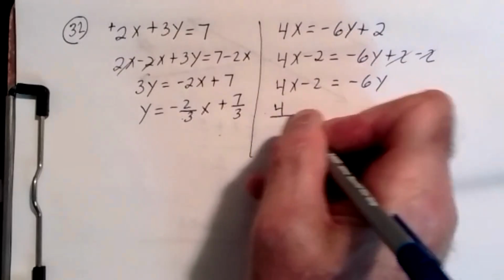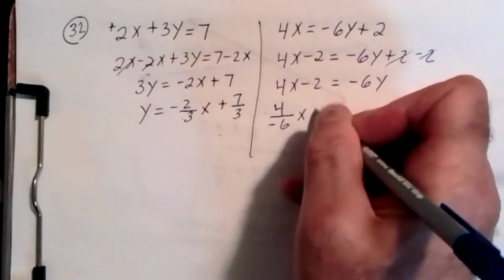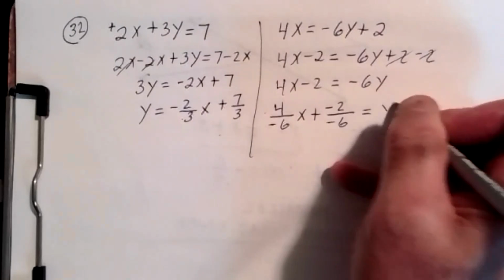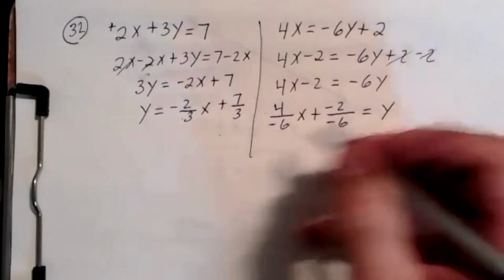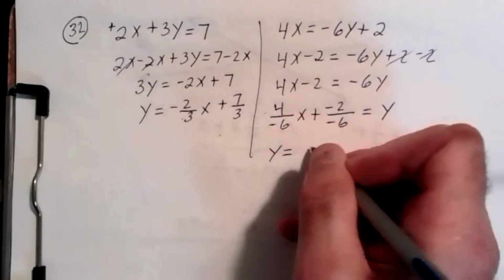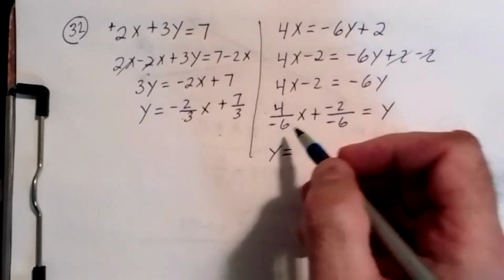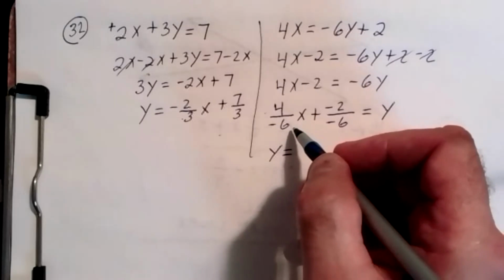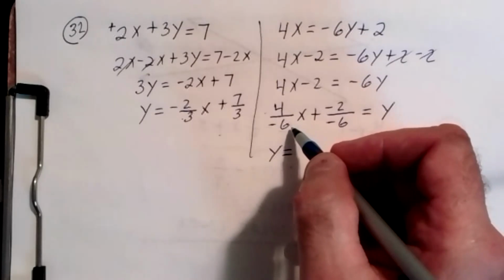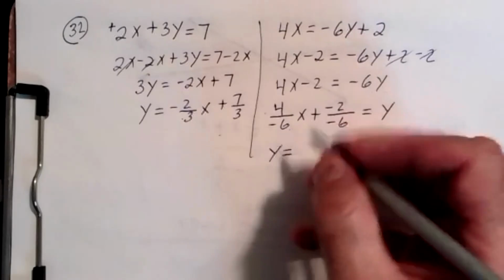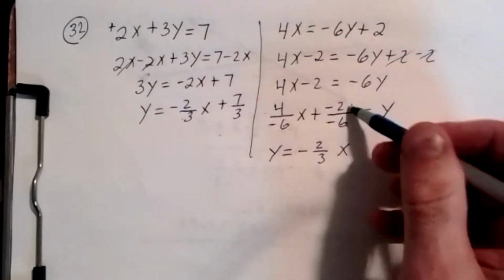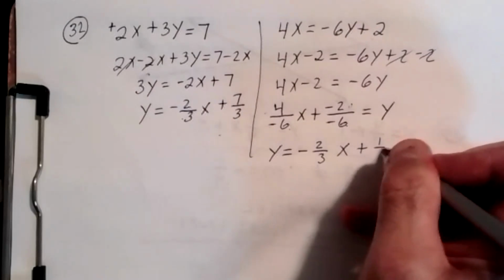Hence, we're going to have 4 over negative 6 times x plus negative 2 divided by negative 6 equals y. Spinning the whole equation around, I want y on the left. Y is equal to, now this 4 over negative 6, can we reduce it? Yes. It reduces down to negative 2/3, doesn't it? The y-intercept reduces down to plus what, 1/3?